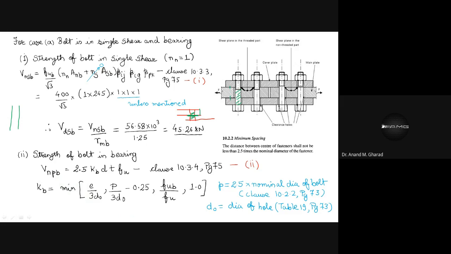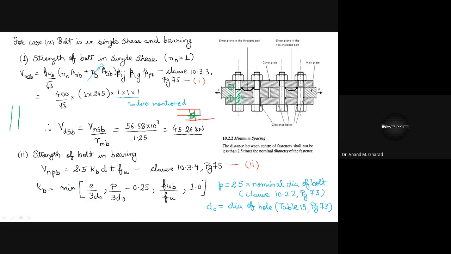If I consider this second shear plane, as per our discussion, you can see that this shear plane is intersecting the threaded portion, and because of which the NN value will come into picture, isn't it? Whereas if I consider this shear plane, do we have any part of thread which is getting intersected by this shear plane? Yes or no? No, isn't it? And therefore, over here, the NN value will be 0.